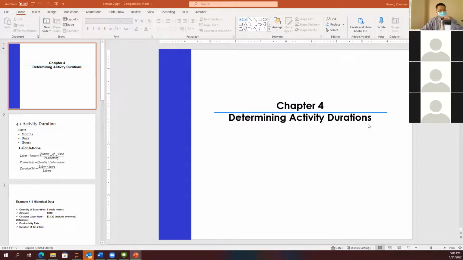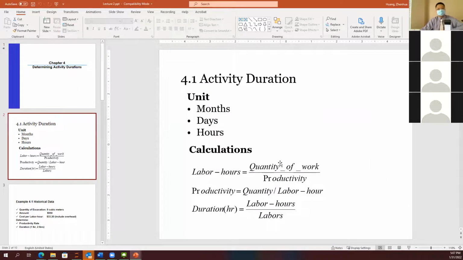As I mentioned earlier, that is based upon your company's previous data on productivity of your labor and your equipment. This chapter tells us how to calculate single activity durations.